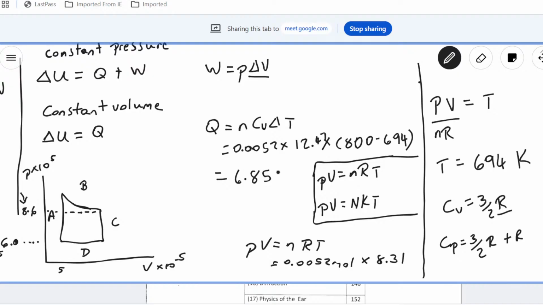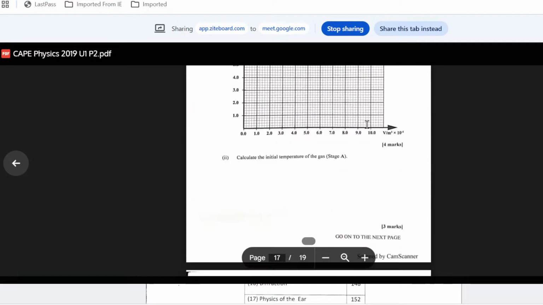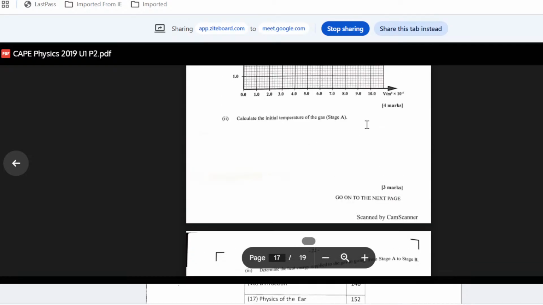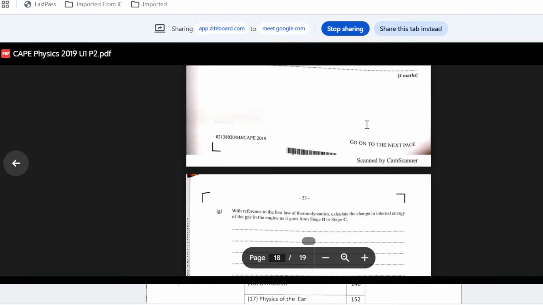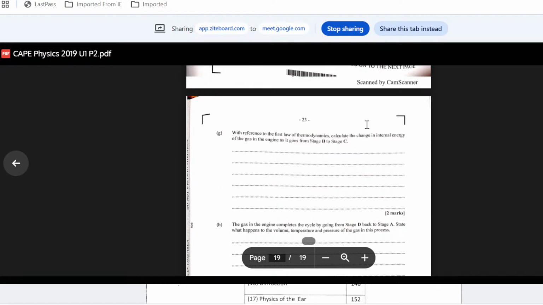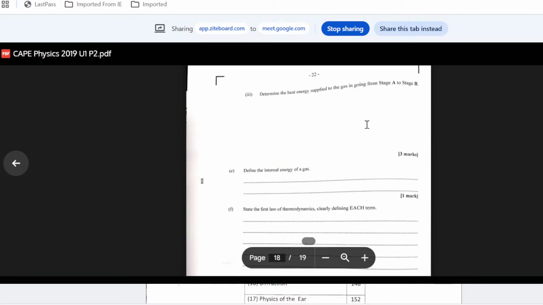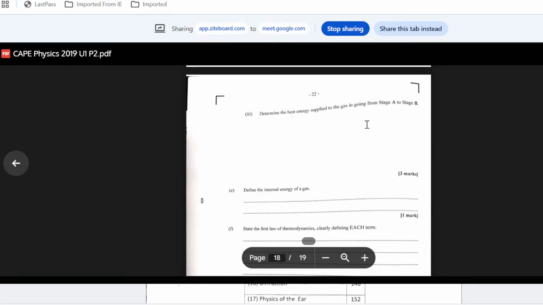Well, I got 0.86, but I didn't round the 3/2 R. I just put 3/2 and then multiplied it by the 8.31. So this is probably the exact one. Alright, cool. So that's the heat energy supplied to the gas.